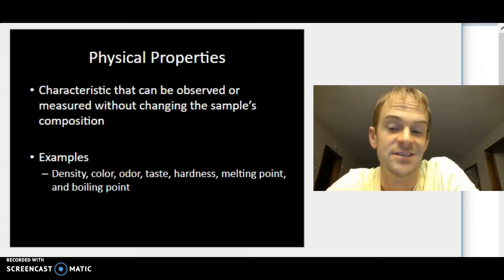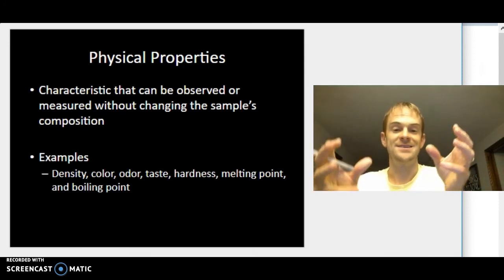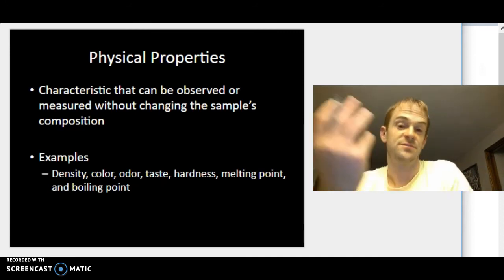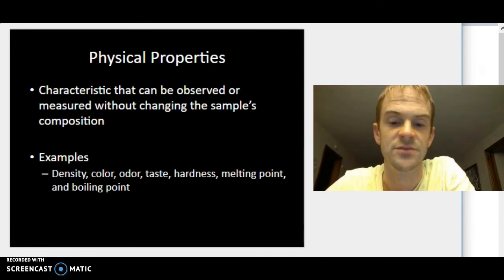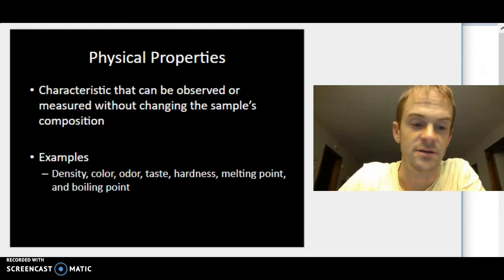So it actually didn't change what it's made up of. Like you could take all of that water vapor and you could condense it again and drink it and you'd just be drinking water. And the same is true with melting. Ice and water are the exact same thing chemically, so melting them is actually not a chemical change, or not dealing with chemical properties. Okay?